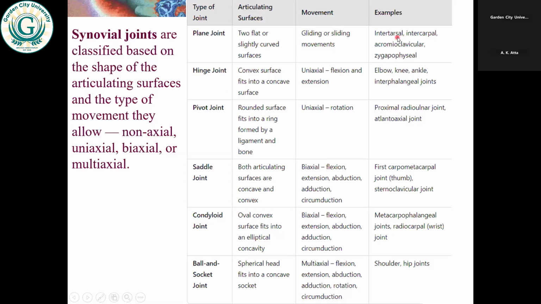I mentioned the acromioclavicular joints. I mentioned the joints between the carpal bones, between the tarsal bones.